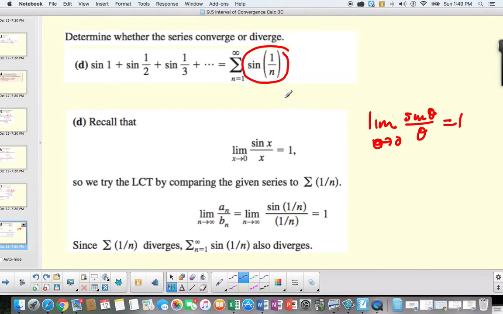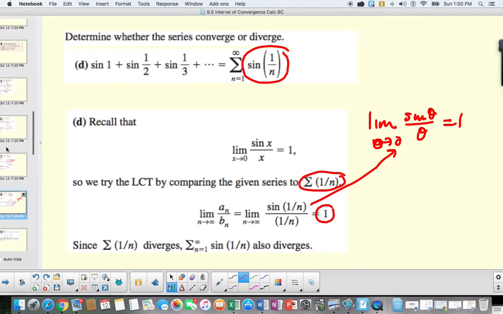So in order to do it, and this is the argument 1 over n, I want to compare it with this. And when we do that, we're going to get this quotient expression. And we know this quotient expression goes to 1. That is a limit, which means that these behave in the same way. And what I'm comparing it to is a harmonic series. So since the harmonic series diverges, this series that I don't know about also diverges.